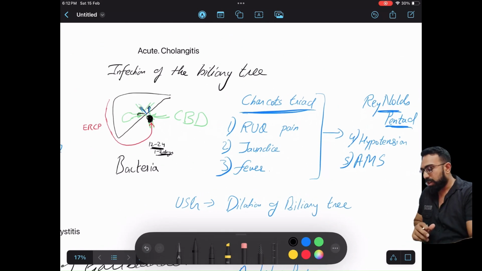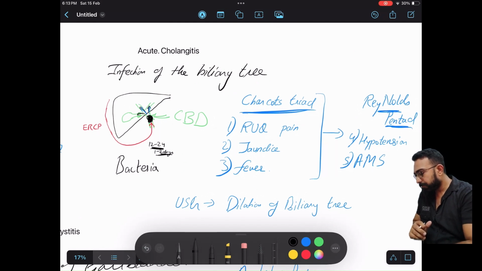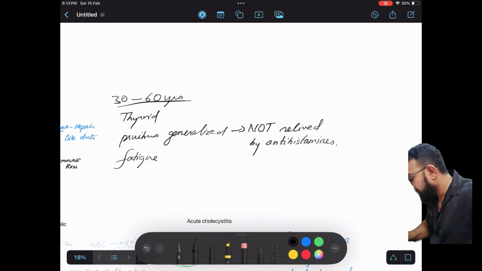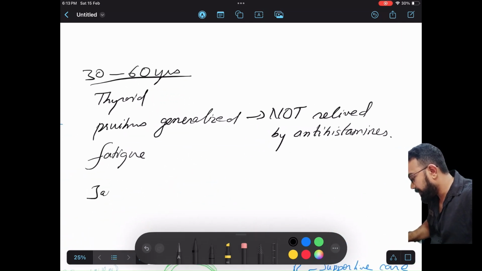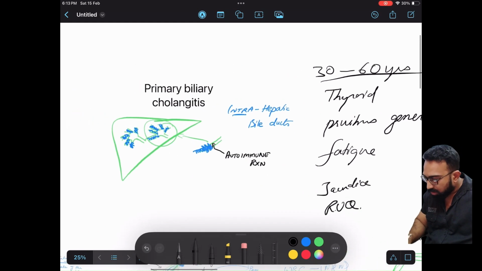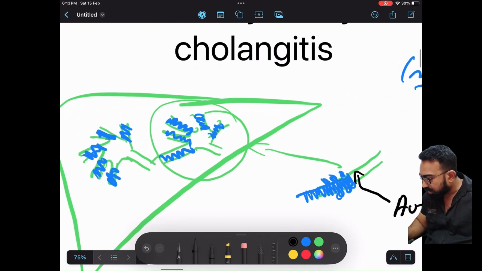If not fever, she has right upper quadrant pain. One thing particularly is we understand that there is jaundice because there is blockage over here.